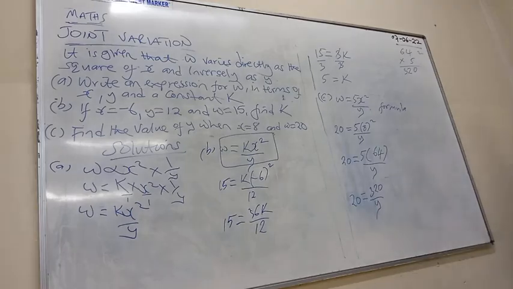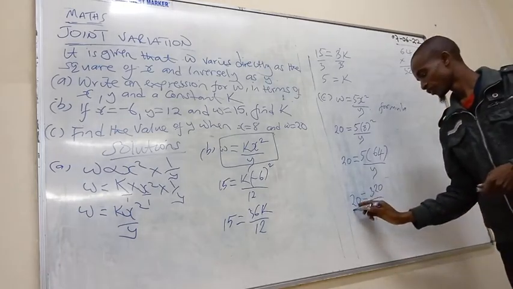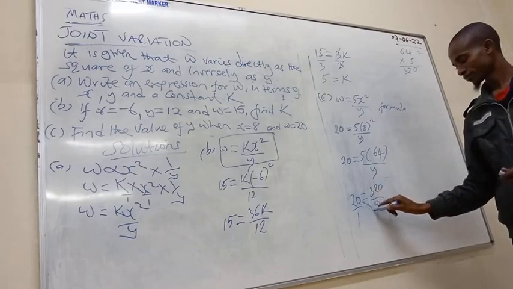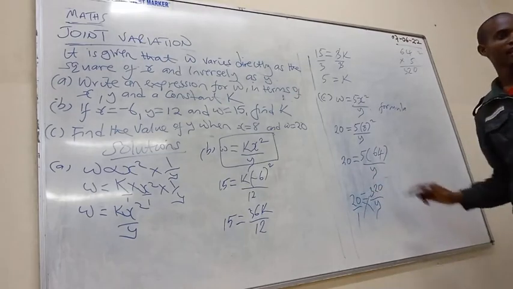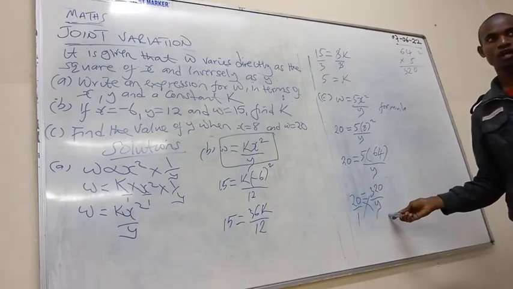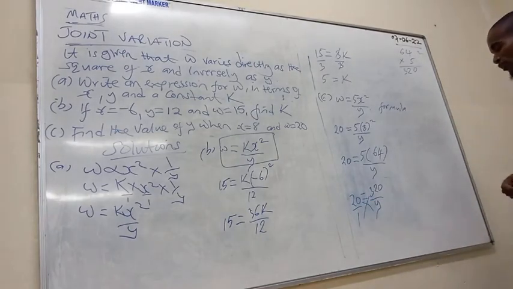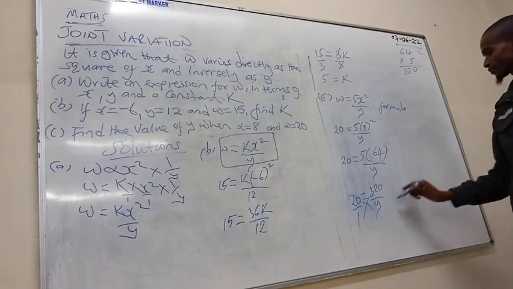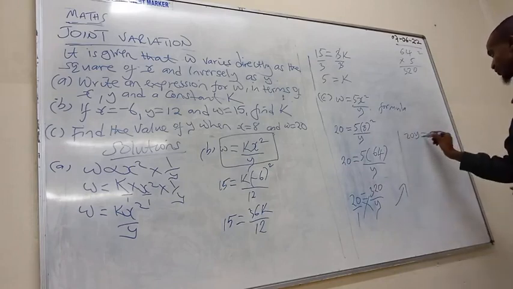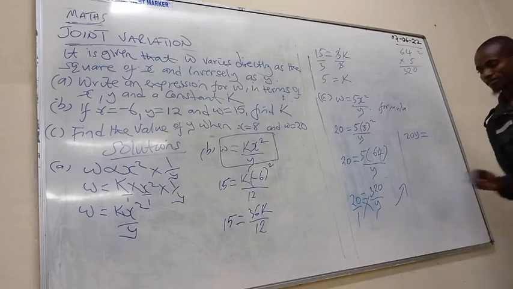What do you think you should do next? You cross multiply. You put 1 here, then you cross multiply. You can start from any diagonal, but I recommend you start with where there is y, which is our target. So 20 times y is 20y. 1 times 320 is 320.